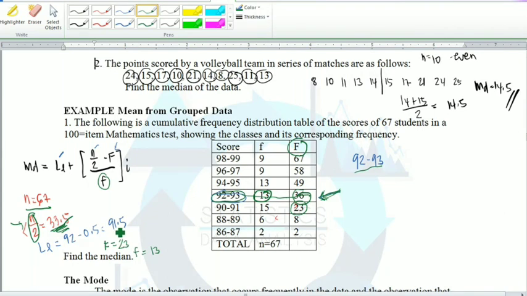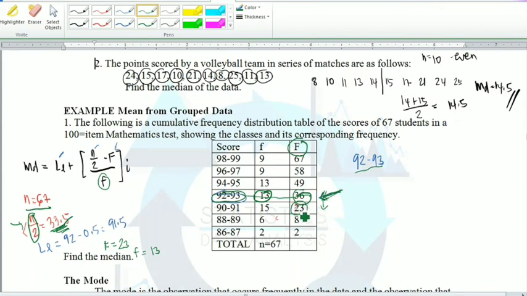After that, you have to determine the value of your less than cumulative frequency. But to do that, kailangan na doon ka kumuha sa lower than your middle class. So, kung ito yung middle class mo, your value of less than cumulative frequency is below that, which is 23. In this case, 23. Okay? And for the frequency naman, kung ano yung frequency ng middle class mo, yun yung gagamitin mo. Okay? I hope na nakukuha niyo, class.